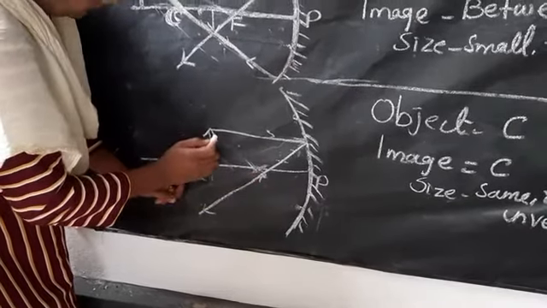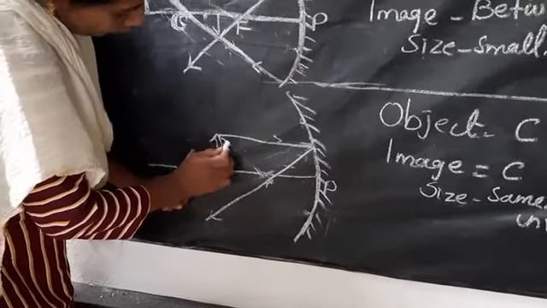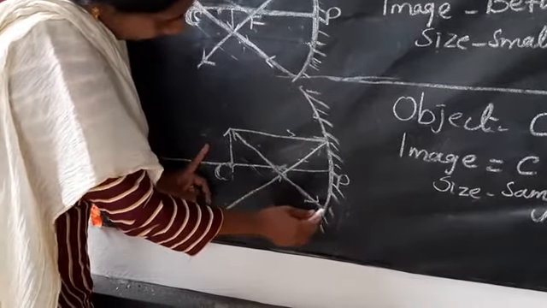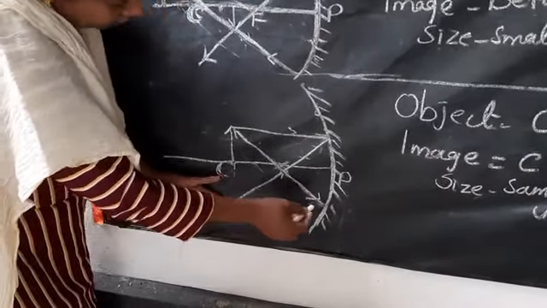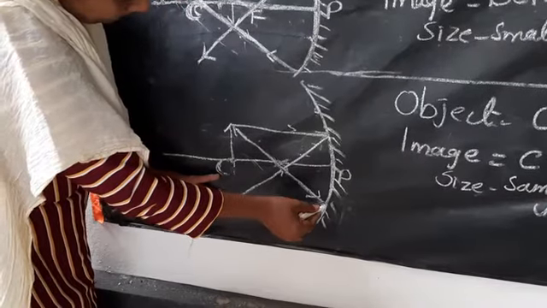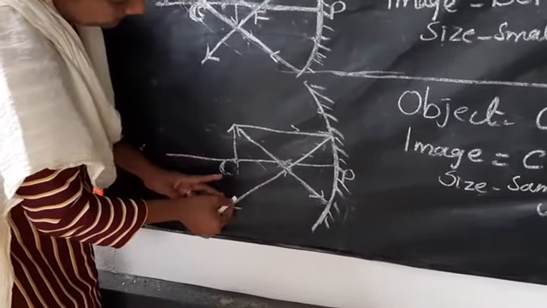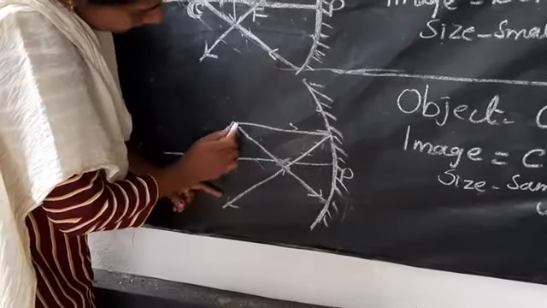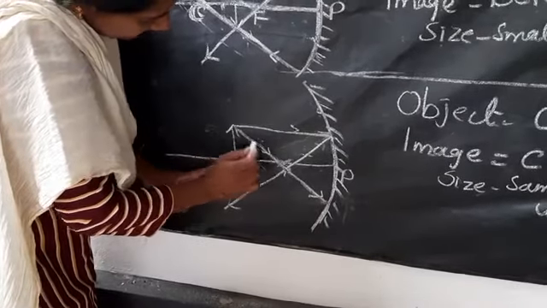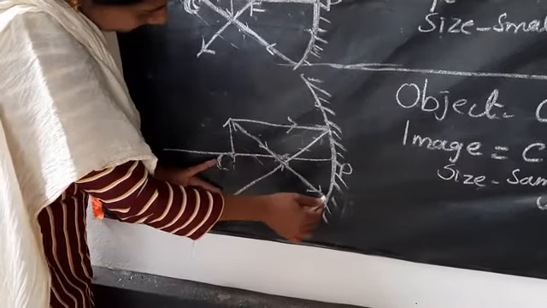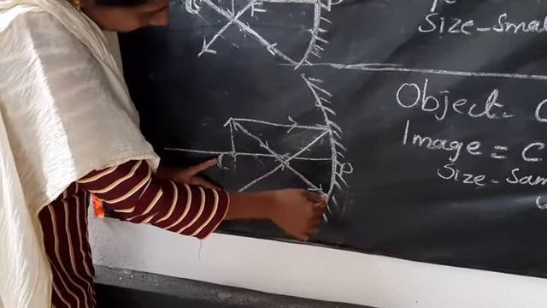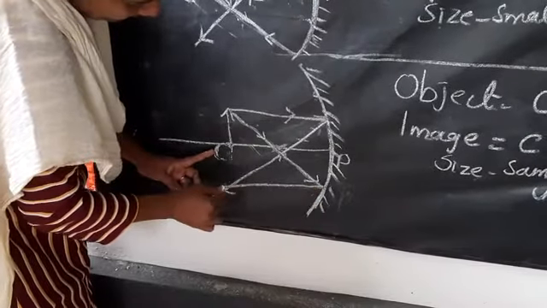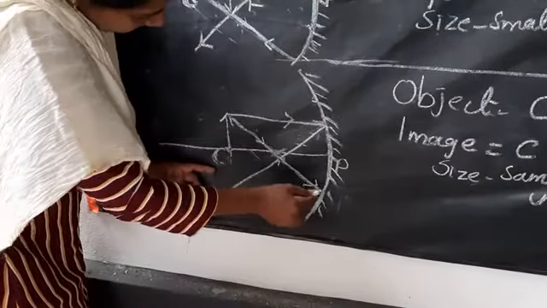So I am taking, if the ray goes through F, after reflection it should come parallel to the principal axis. That is the condition. Am I right? Yes. So this is one of the incident rays. It touches the mirror here. After reflection, it comes parallel to the principal axis.